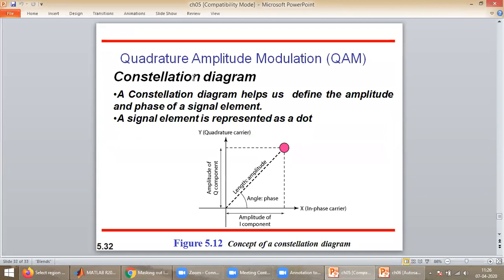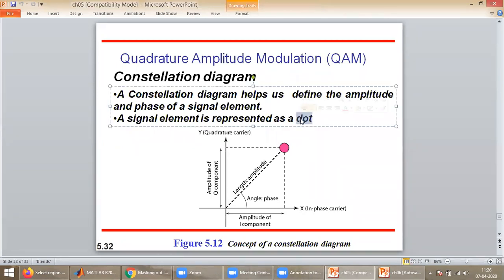So we'll see quadrature amplitude modulation, also called QAM. It's a diagram that shows both phase and voltage value for a signal element, phase and amplitude value, because we are using phase and amplitude to represent a signal element. This is a simple representation of phase and amplitude for a single signal element.